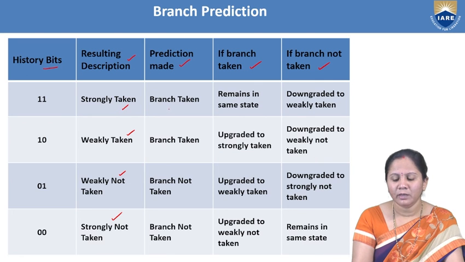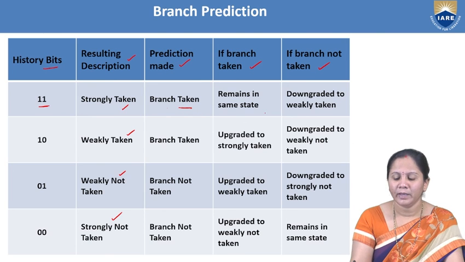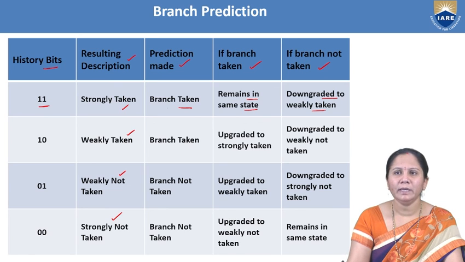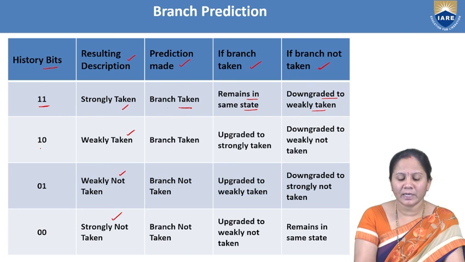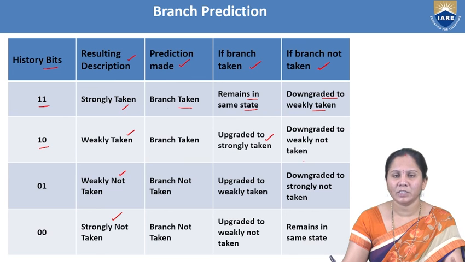When the history bits are 1 1, if the branch is taken, it remains in the same state, and if the branch is not taken, it downgrades to weakly taken. If the state is 1 0 and the branch is taken, it upgrades to the strongly taken state.